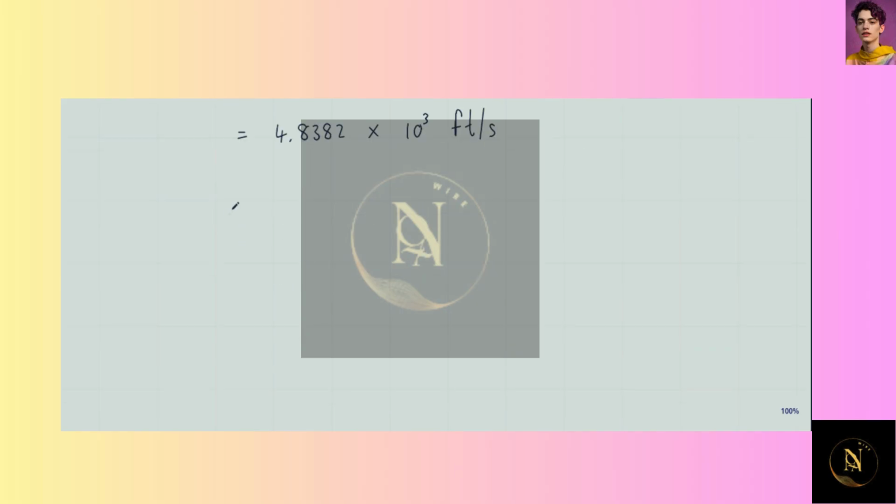Now we'll do the same for the circular orbit at B. The radius of the orbit at B, the circular orbit, is 1,300 miles. And this works out to 6.864 times 10 to the power 6 feet. So we'll calculate the velocity of the circular orbit VB2.